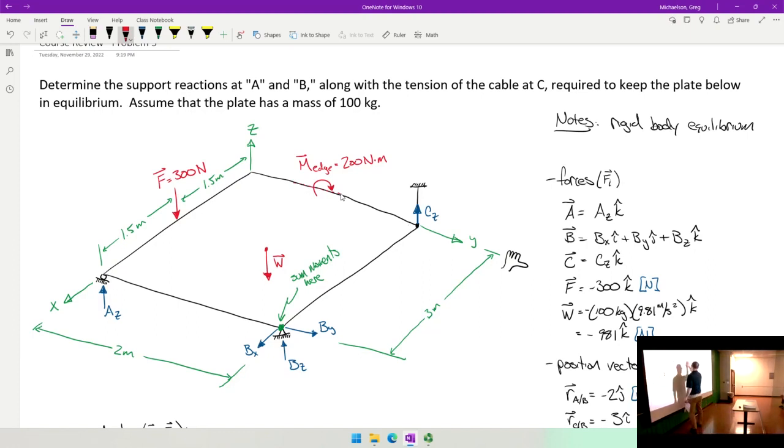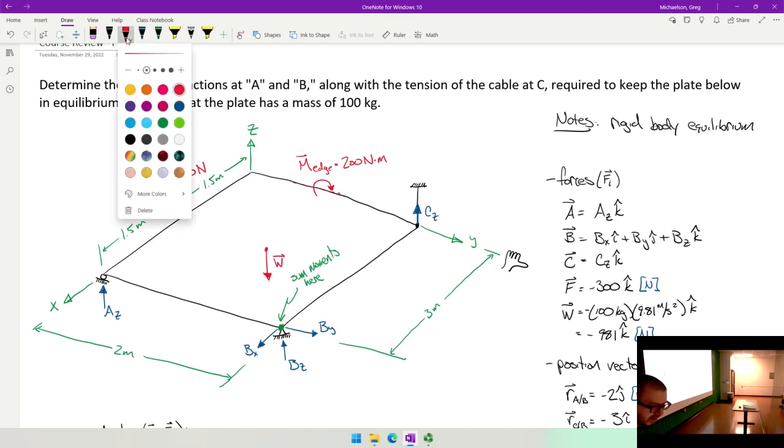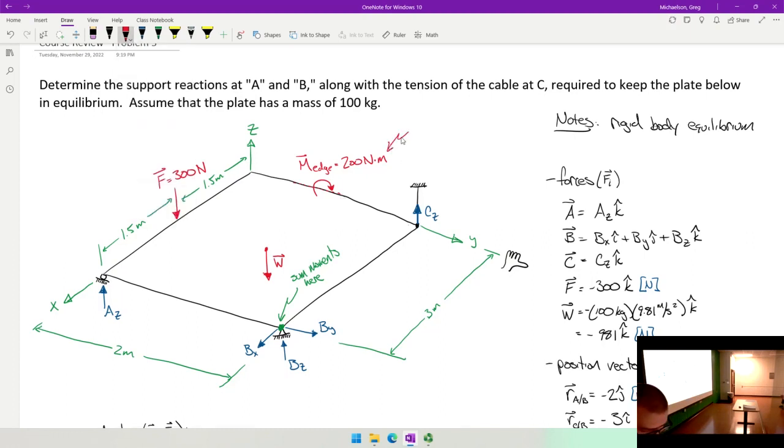And the moment is rotating opposite the direction of my fingers. See, the moment's going like this. But if I point my thumb in the positive y direction, the moment's going in the opposite direction. So this vector is negative 200 j. That is how we describe that edge moment.